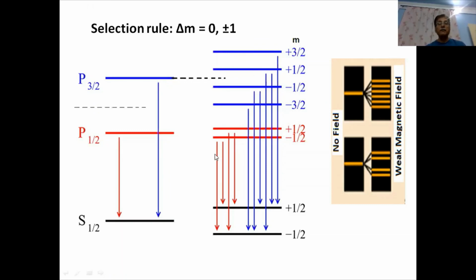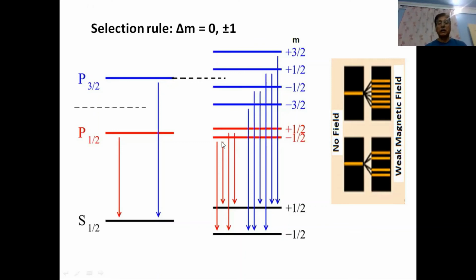For example, from minus 1/2 to minus 1/2, the change is 0. So this is allowed as delta M is equal to 0. From minus 1/2 to plus 1/2, the change is minus 1, it is allowed. From plus 1/2 to minus 1/2, the change is 1, it is allowed. And minus 1/2 to plus 1/2, the change is minus 1, that is allowed.